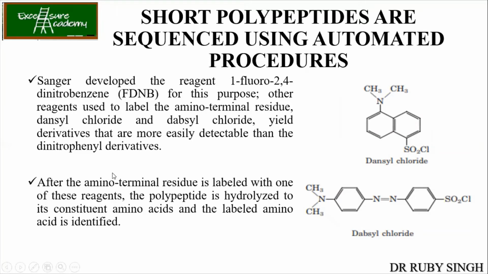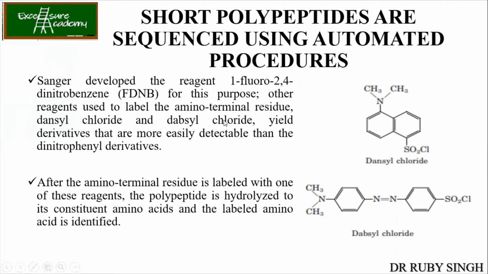Now we were talking about protein sequencing. Sanger developed a reagent called FDNB, which stands for fluoro-2,4-dinitrobenzene, for the purpose of protein sequencing. Other reagents are dansyl chloride and dabsyl chloride. In this example we will talk about FDNB.